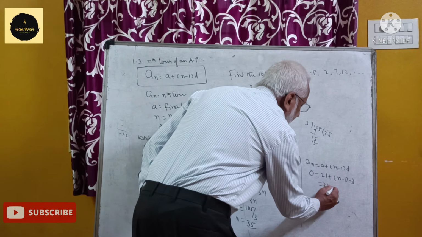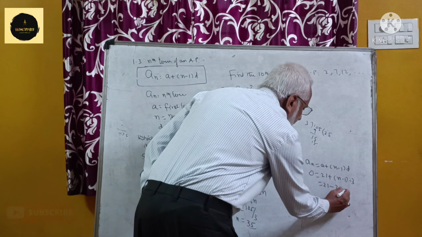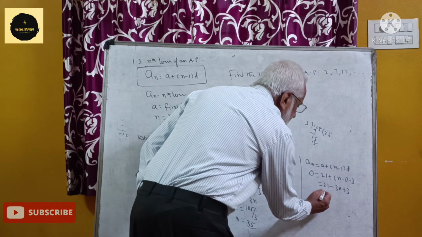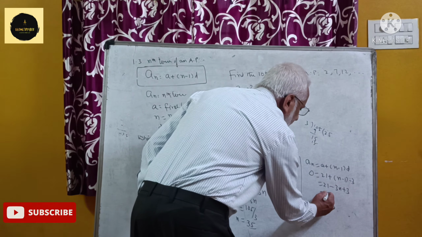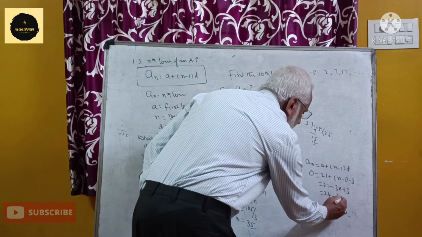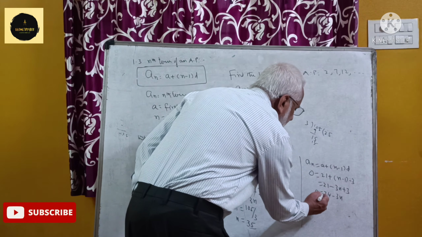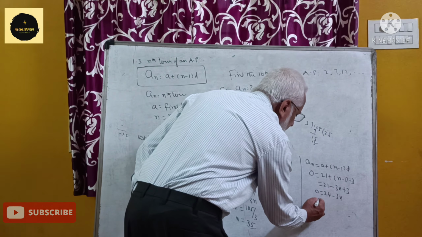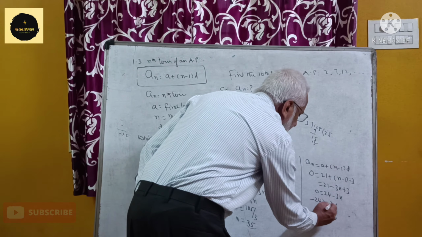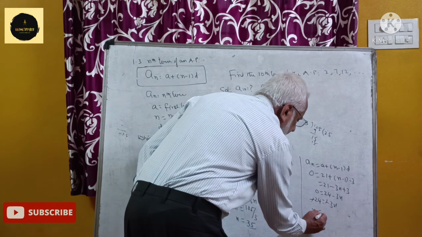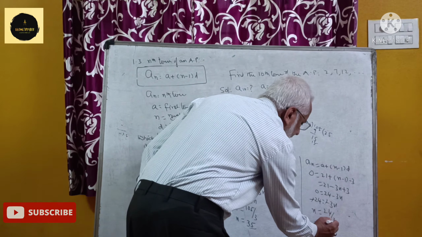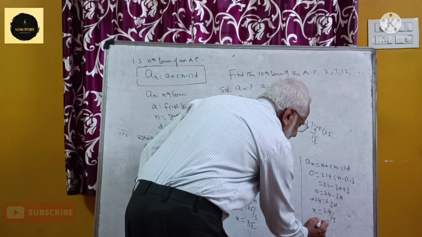Then again 21 plus into minus 3n plus 3. How much is it here? 24 minus 3n. Or n is equal to, transfer this 24 to the other side, it is minus 24 is equal to minus 3n. Minus cancels. Therefore n is equal to 24 by 3, that is n is equal to 8.